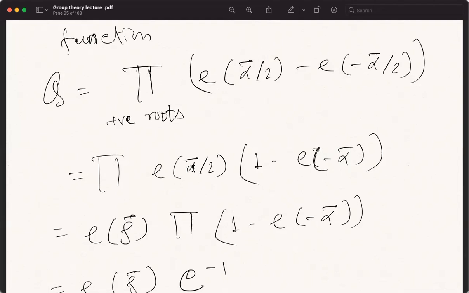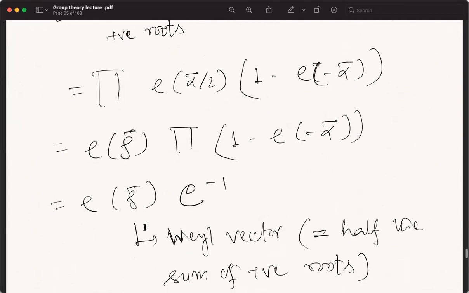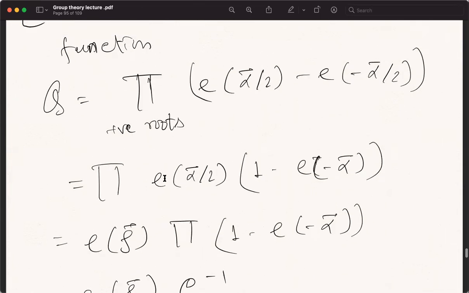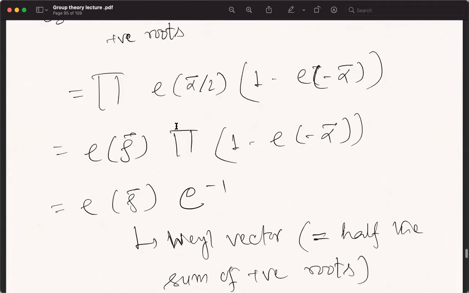Now, we know the sum over the positive roots is nothing but rho, right? So that's why we define this. Remember the Weyl vector, which is half the sum of the positive roots. So that's why you get e to the rho, and then you get the product over the positive roots of 1 minus e to the minus alpha, and this is nothing but the inverse of the constant number.